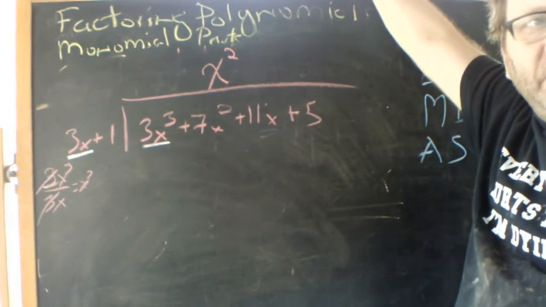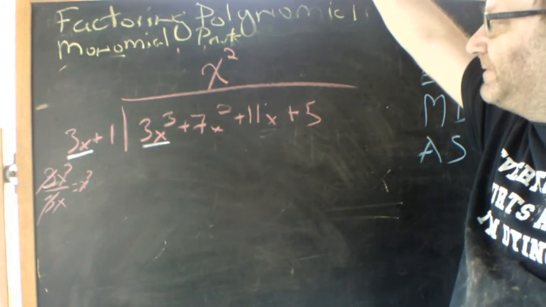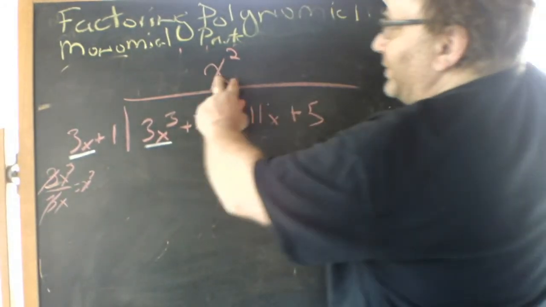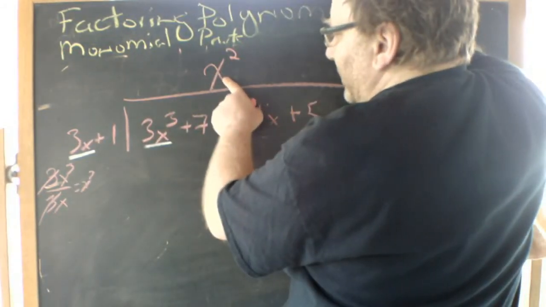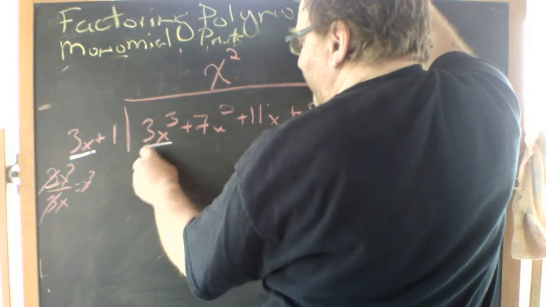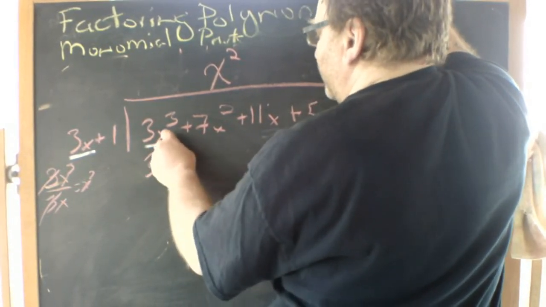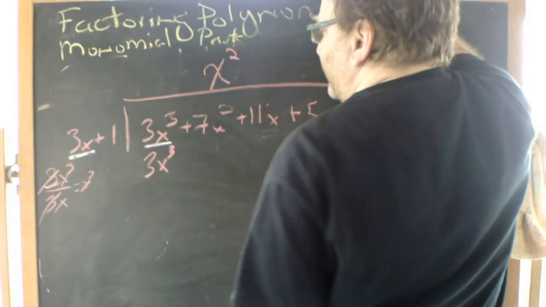Well, what did I do when I was long dividing with my numbers? Once I got my thing into my place value, I multiplied it back through by what's here. So x squared times 3x is 3x cubed. Right, I add my powers and my numbers out front.